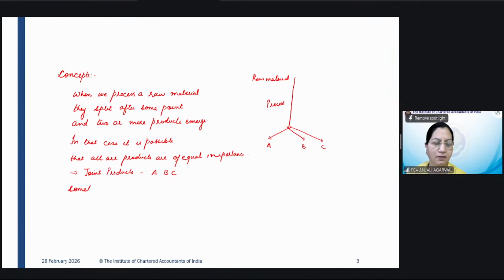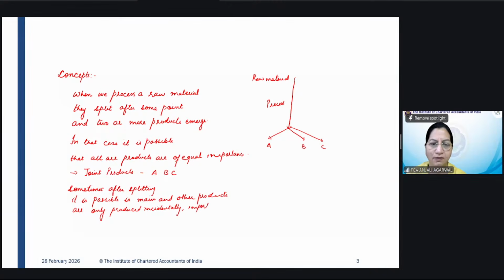But sometimes, after splitting, it is possible that one product is main, which you intended to produce, and other products are only ancillary to it, produced only incidentally, and their importance is not as much as the main product.